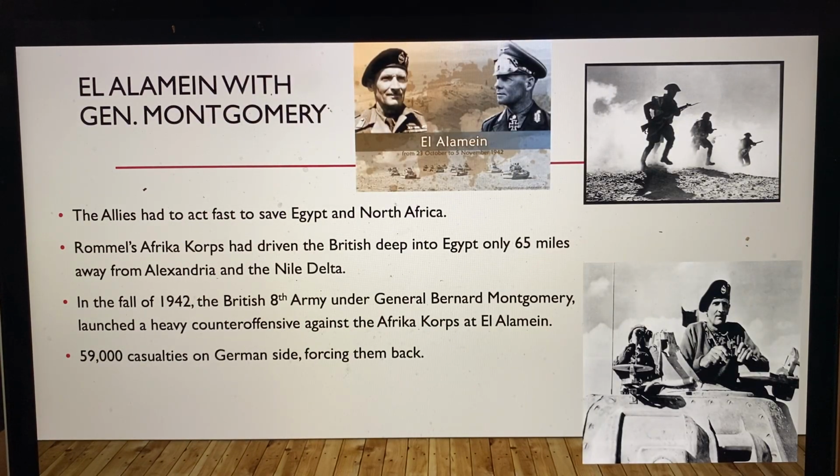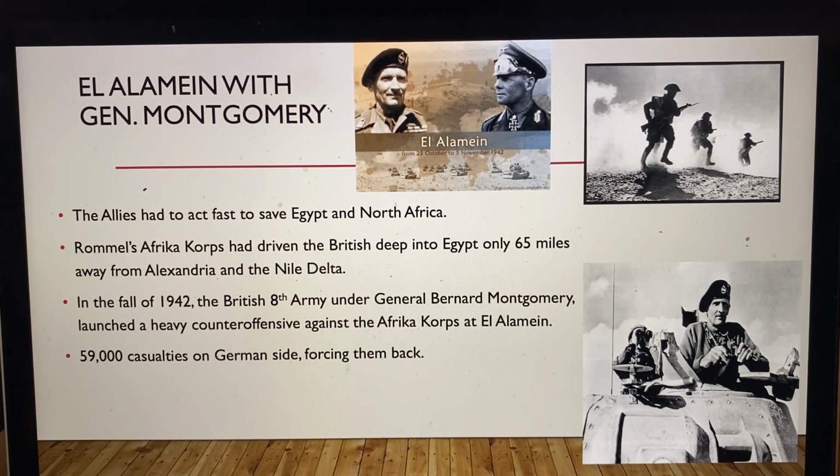El Alamein with General Montgomery. General Montgomery is a British general there, and he'll be fighting against the Desert Fox, which was Rommel and his African Corps. So the Allies had to act fast to save Egypt and North Africa, save the Suez Canal.